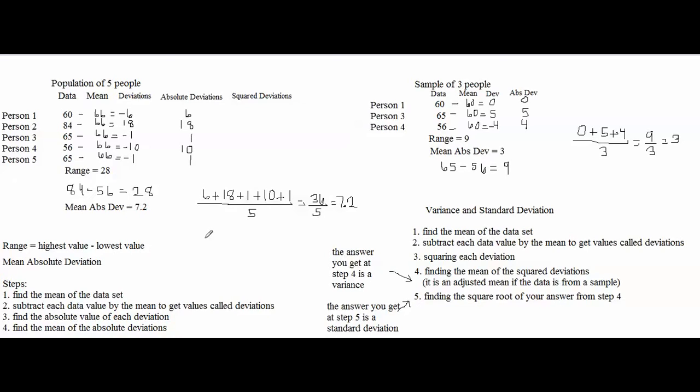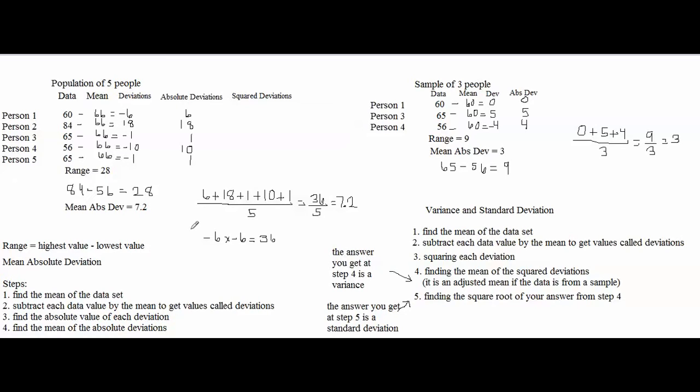So first we're going to multiply -6 by -6. When you multiply a negative number by a negative number, you get a positive answer. So -6 times -6 is just 36. You get the same answer that you would have had if you had multiplied 6 times 6.